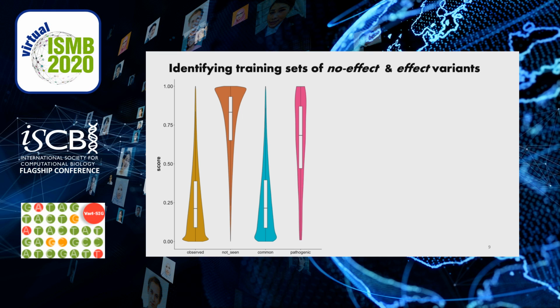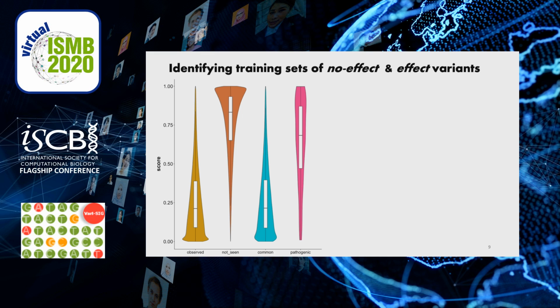Pathogenic variants are observed, but they are predicted high up. The reason for that is because they are similar to the purified ones in the not seen group, so we believe that the high-scoring not seen group is enriched for variants with deleterious effects. On the other hand, the common variants are very similar to the observed ones, and we believe that reflects the neutrality of the observed ones.